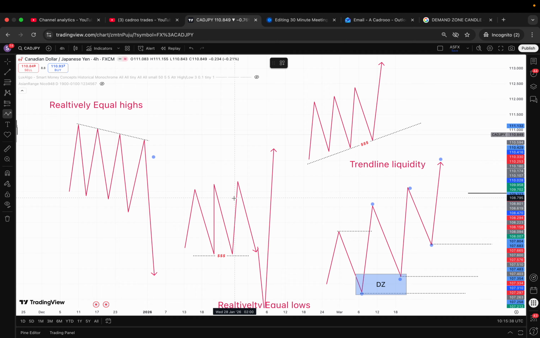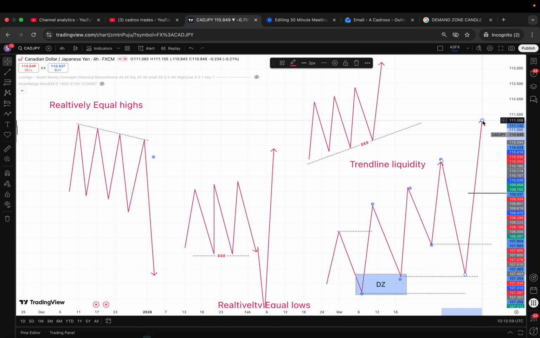forms of liquidity. So usually what happens is we are bullish here. A lot of people are expecting price to buy from here, or they're expecting to enter longs from here. So what happens? Price will take out this liquidity, this structural liquidity, and tap into this zone and continue going up.